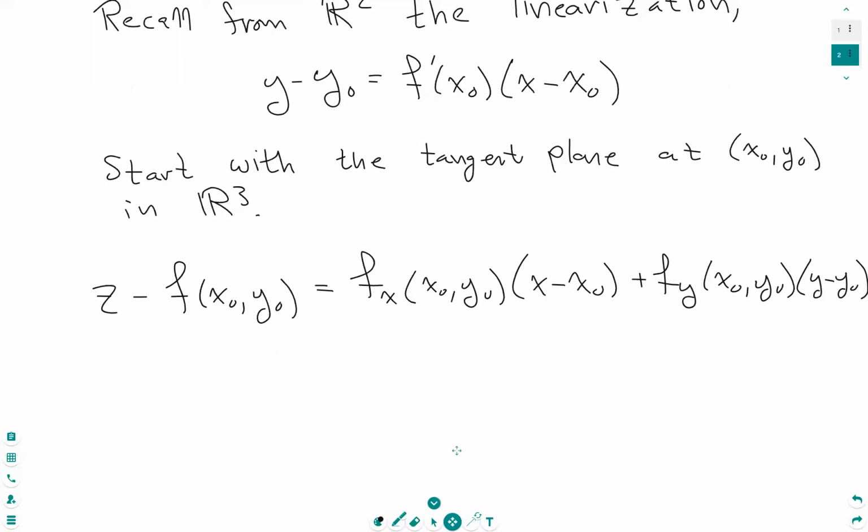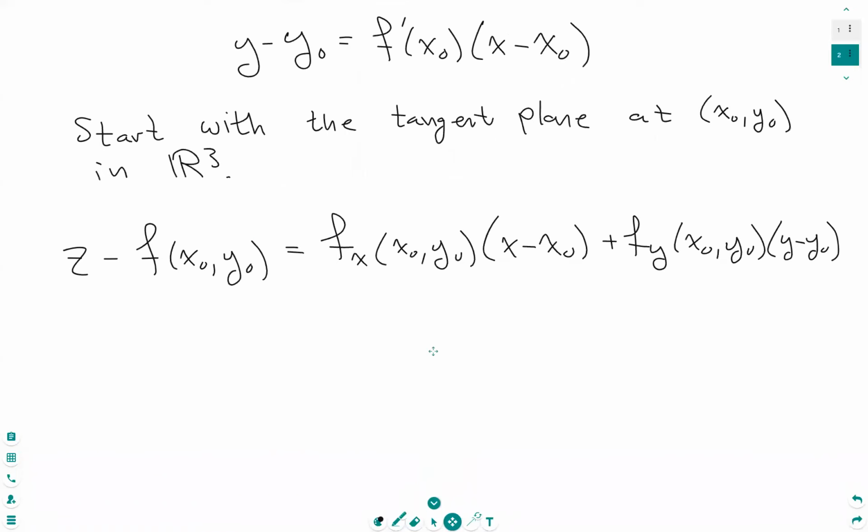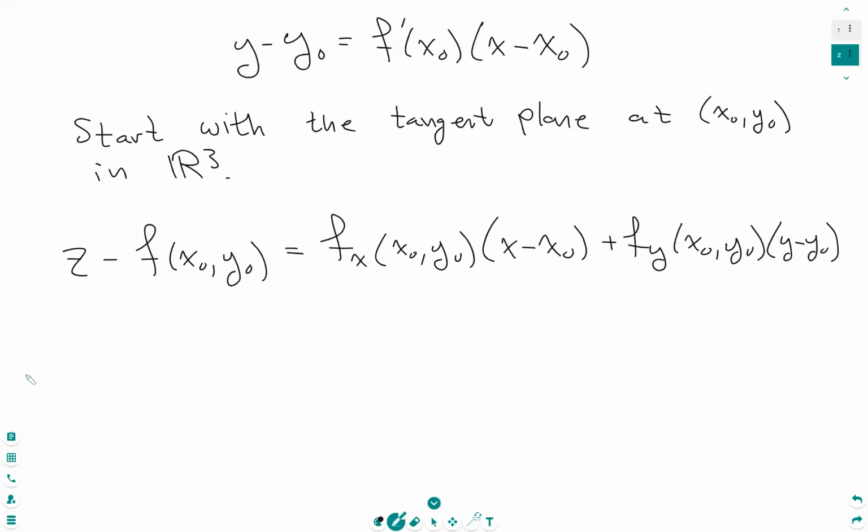So if we think about this as an approach, because this is the equation for the tangent plane, not the function, what we can do is say that f of x and y is approximately the linearization of our function, which we call L of x and y.